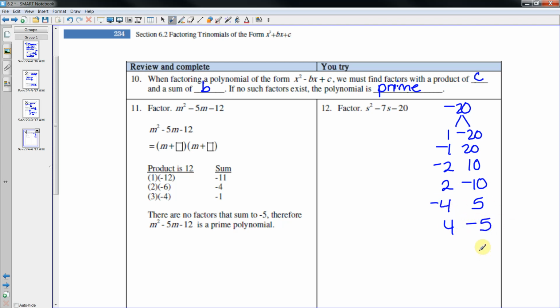Neither one of those is giving me negative 7, and this is my entire list of factors of 20. So none of them are adding up to negative 7, so I can say that this one is prime as well. And again, that will not happen very often. Most of the time you're going to be able to find an answer.